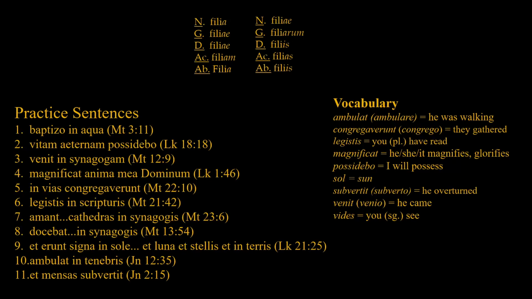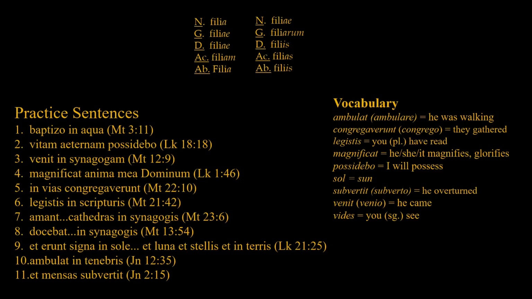Now let's look at some examples of the plural. In vias congregaverunt. You look over in the vocabulary: congrego, congregare, right? To gather. In this case, it means they gathered. In vias congregaverunt. Vias, look above, it's plural, accusative ending as.